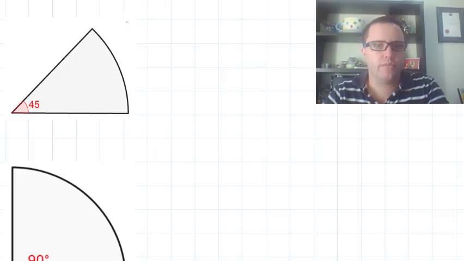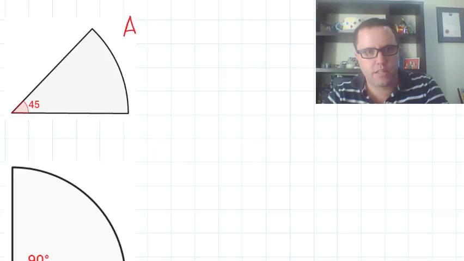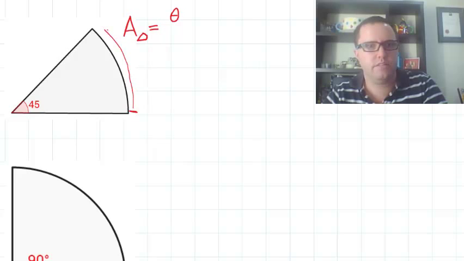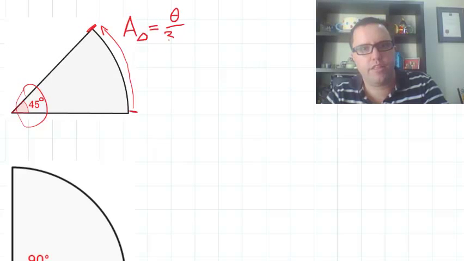So our general formula is that the area of a sector is equal to the angle inscribed by the sector, from here around to the next side, which we're told is 45 degrees, divided by 360, times pi r squared.